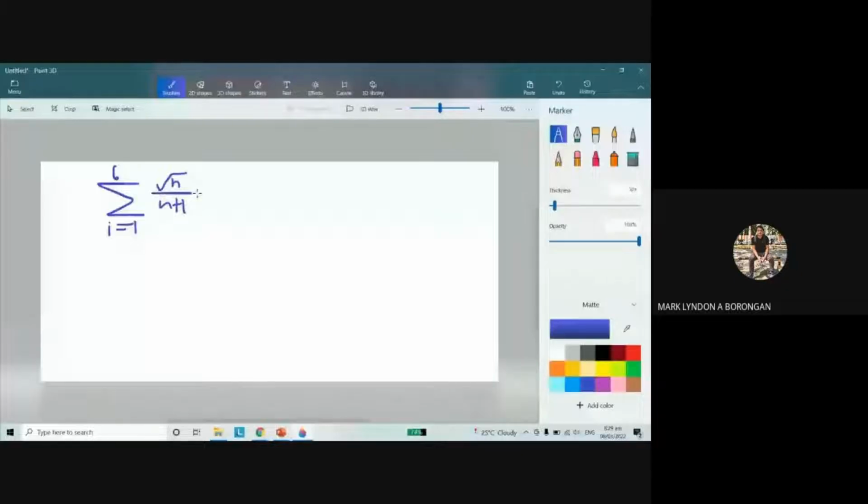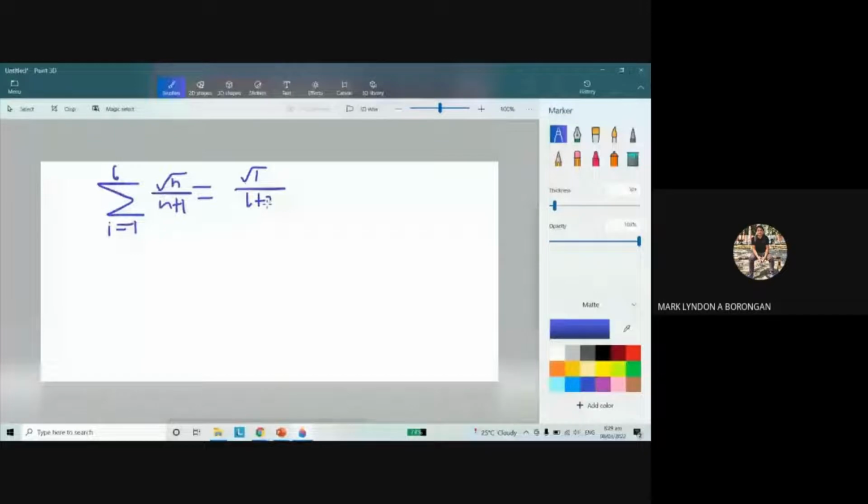Equal to, 1 man na itong unang term, so the square root of 1 over 1 plus 1. Plus, the square root of 2 over 2 plus 1.